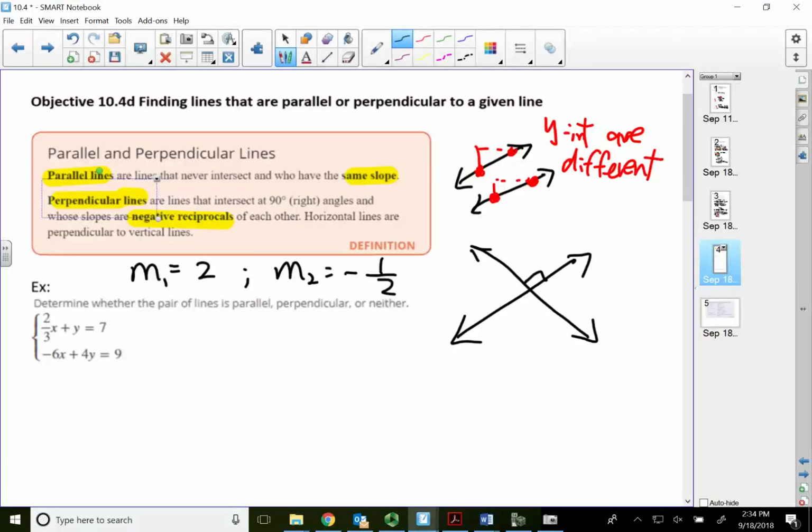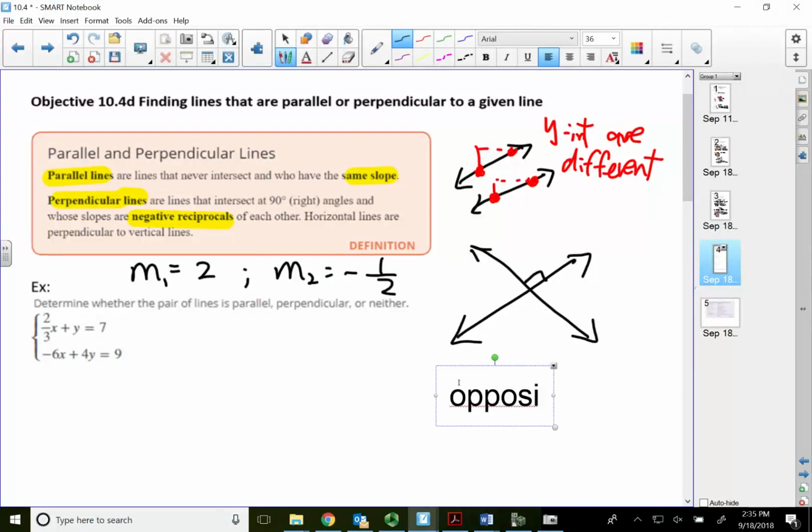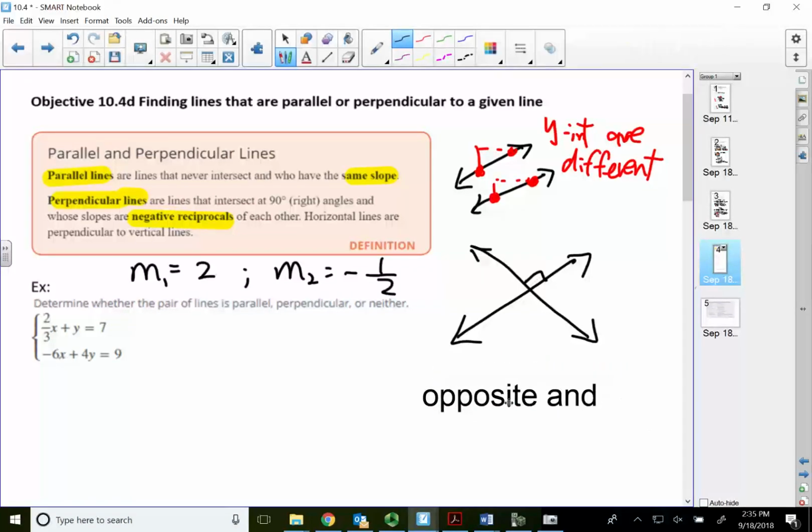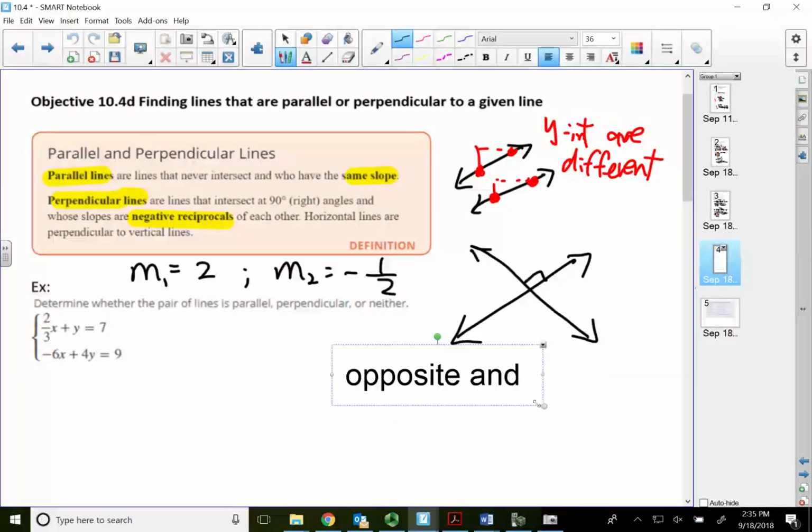So make sure you remember, perpendicular lines have slopes that are opposite and reciprocal to each other. Opposite means opposite sign.